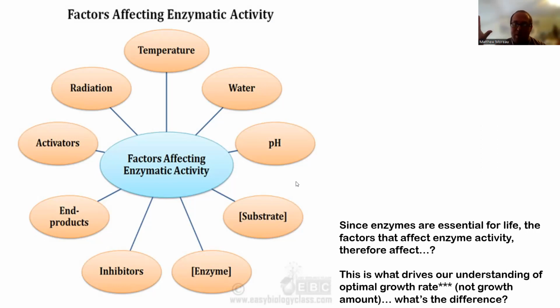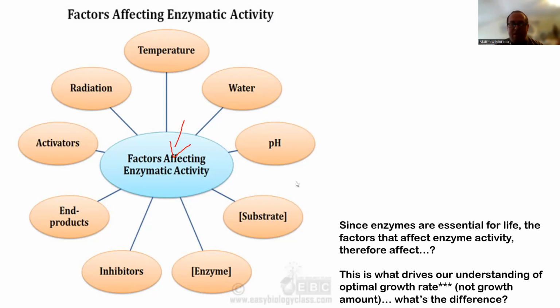Any modification or deviation from any of those specific environmental conditions can result in a conformational change. And again, if you have a change in conformation, or in other words, a change in shape, you have an effect on activity.